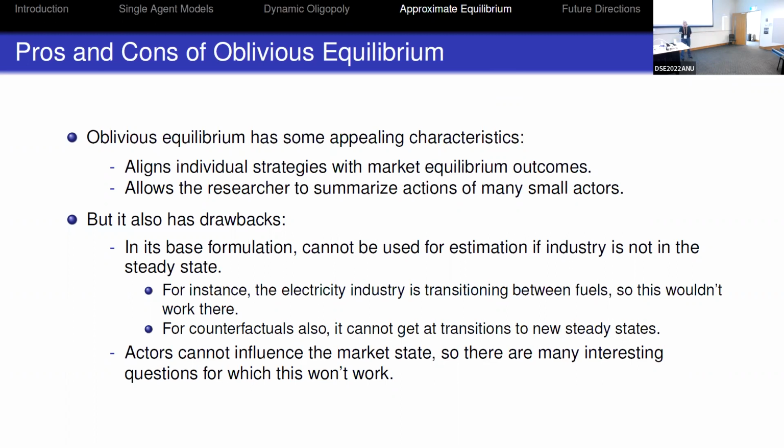It has its drawbacks, and in its purest sense, it's not used for estimation in an industry that's not in a long-run steady state. So there is a follow-up paper that's unpublished that was thinking about this thing evolving over time towards some steady state. But in its basic sense, you can't do things like have natural gas prices change, right?